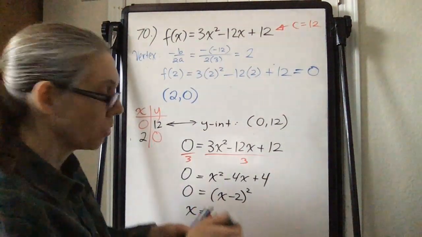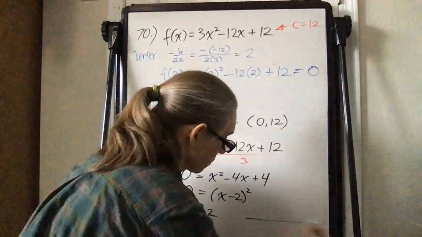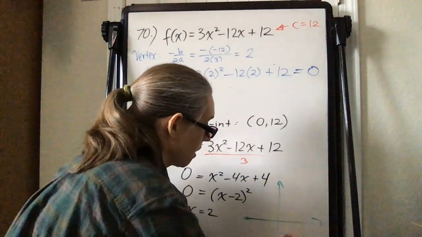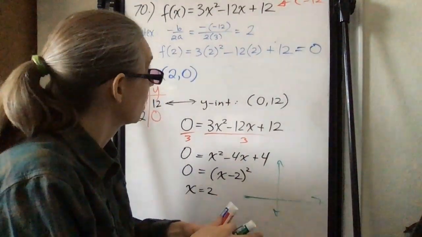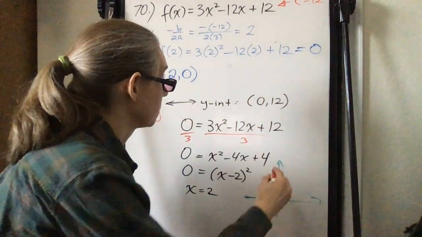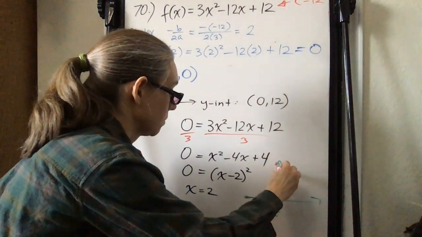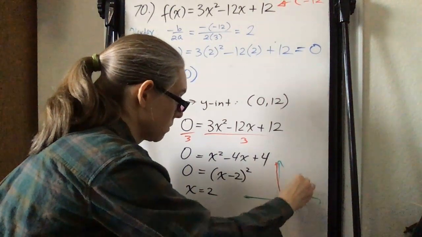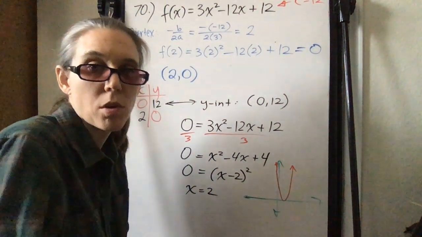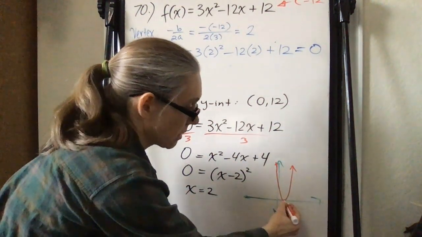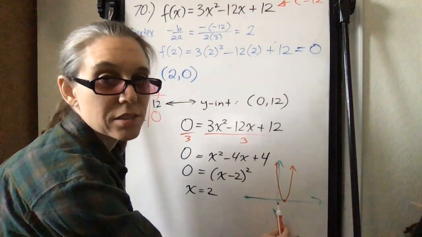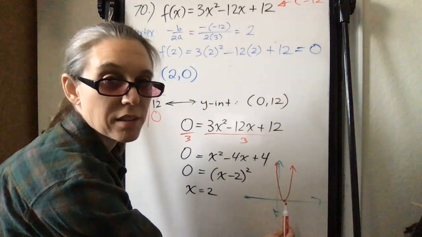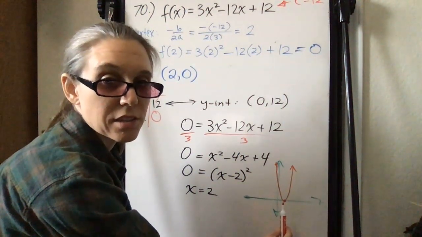Well, when you have a graph that bounces off the x-axis, as you do in this case, when there's only one x-intercept, it's because the vertex is the x-intercept.